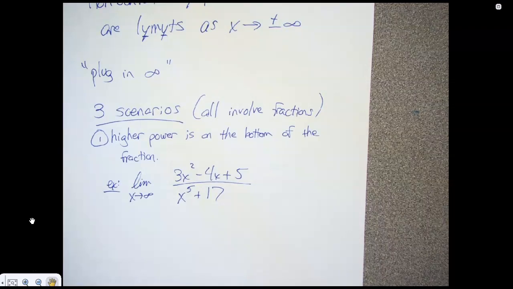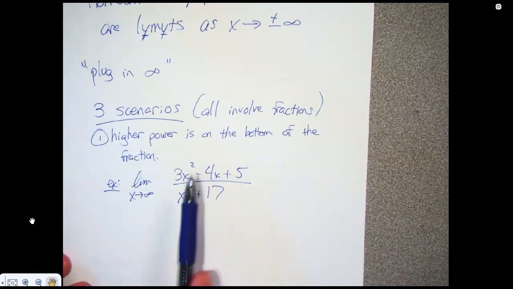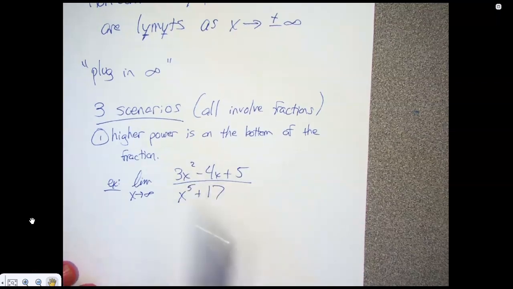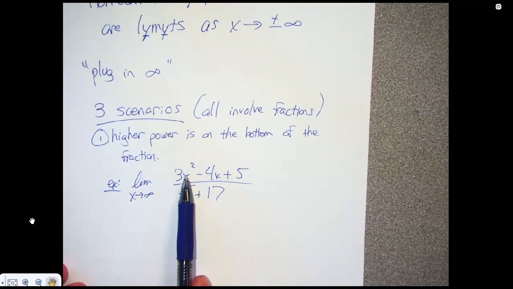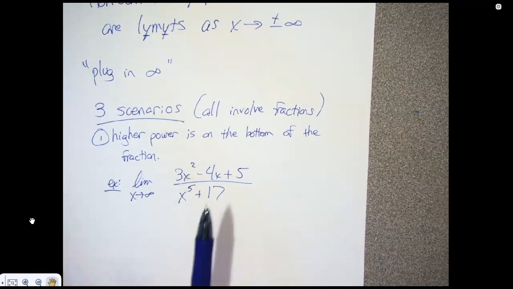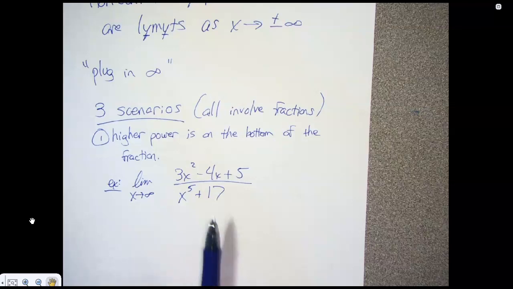So remember that you're thinking about plugging in a gigantic number. I mean, like trillion, billion, zillion, Google, the biggest number you can think of. So all that's relevant is the actual highest power. Because if I take a gigantic number and square it, it's way more gigantic.